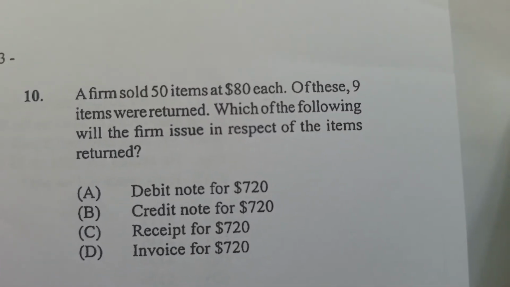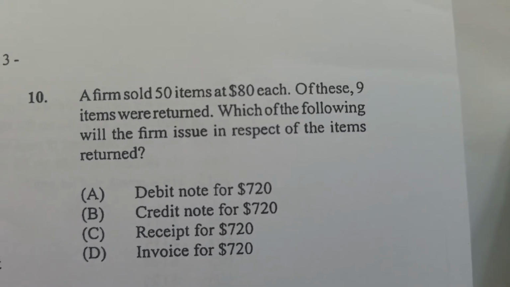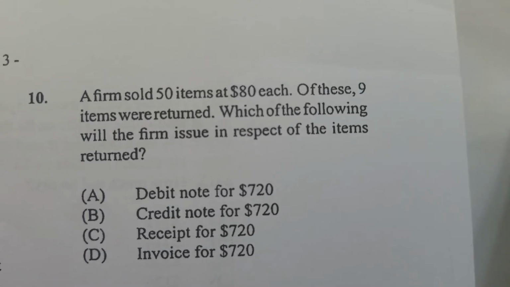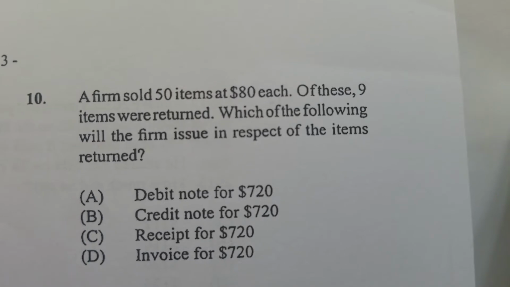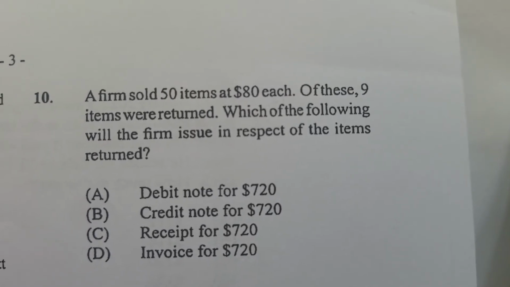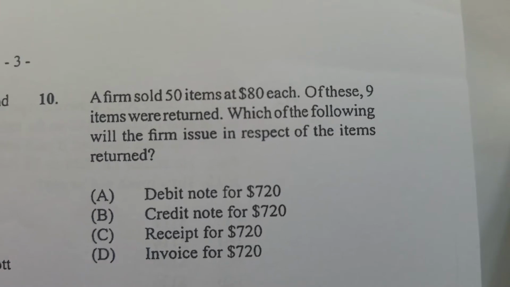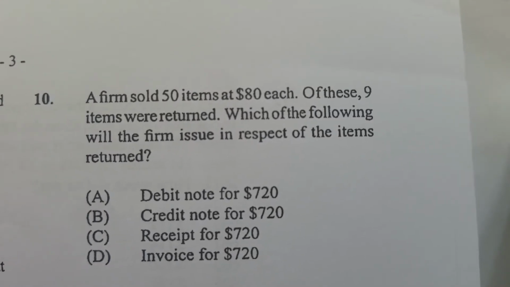Now we're at question 10. A firm sold 50 items at $80 each. If 9 items were returned, which of the following will the firm issue in respect of the items being returned? Let's go again.